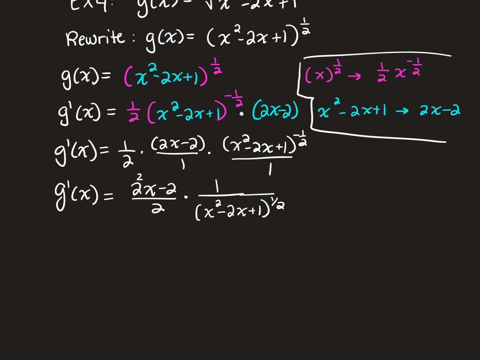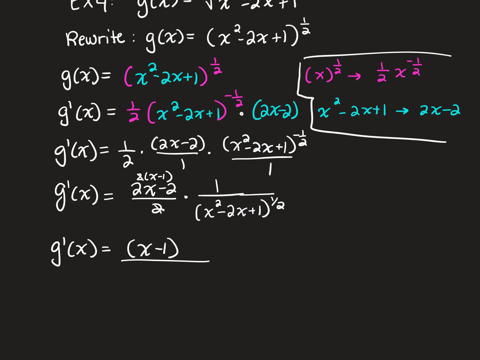If you factor out a 2 from the numerator, you're going to get a giant 1. So what we really have is x minus 1 left in the numerator, times, in the denominator, x squared minus 2x plus 1. And actually, I'm going to go ahead and write that as a radical.